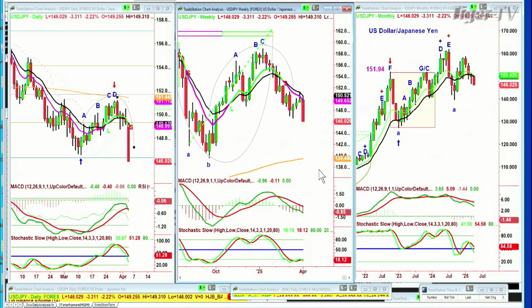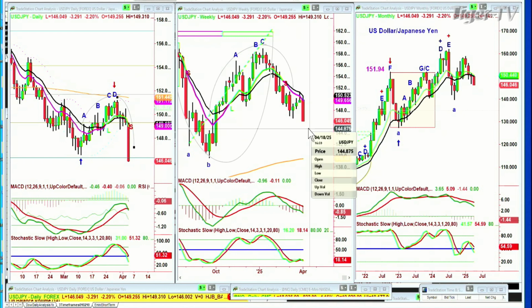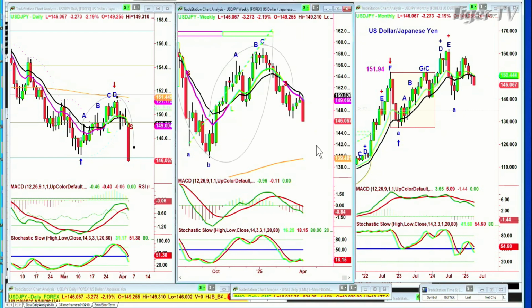And the 200-period moving average is 139.48. Let's go one step at a time. This is the level I'd be looking at. It's at 146, takes out 144, and then you're starting to accelerate to the downside. Dreaded potential H pattern in the monthly chart of the yen.